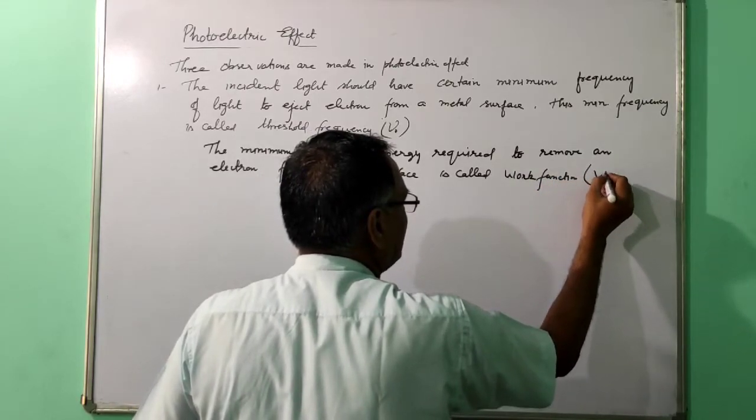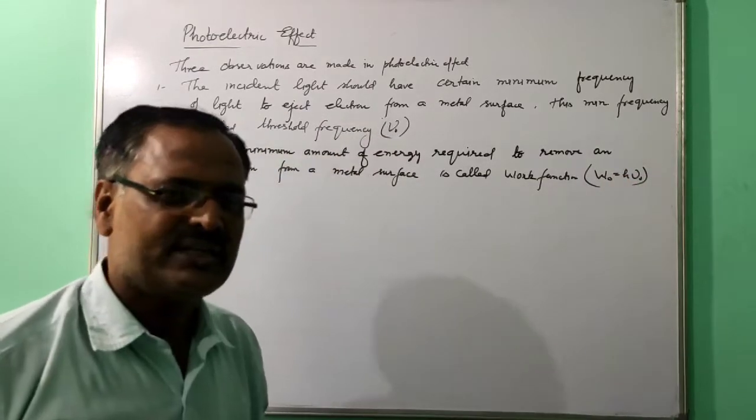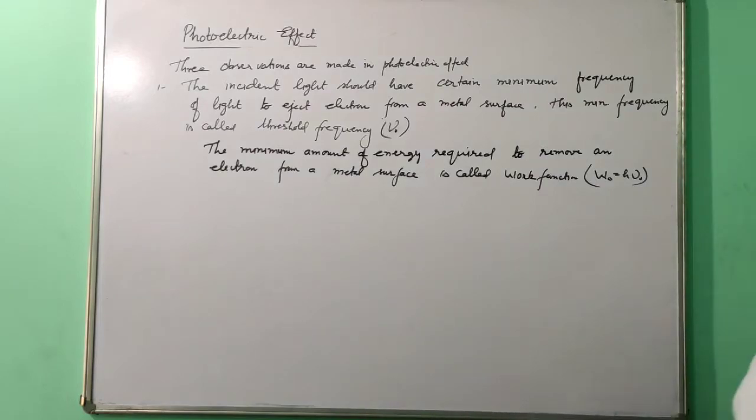That is denoted by W naught equals h nu naught. So this is the first observation in the photoelectric effect.